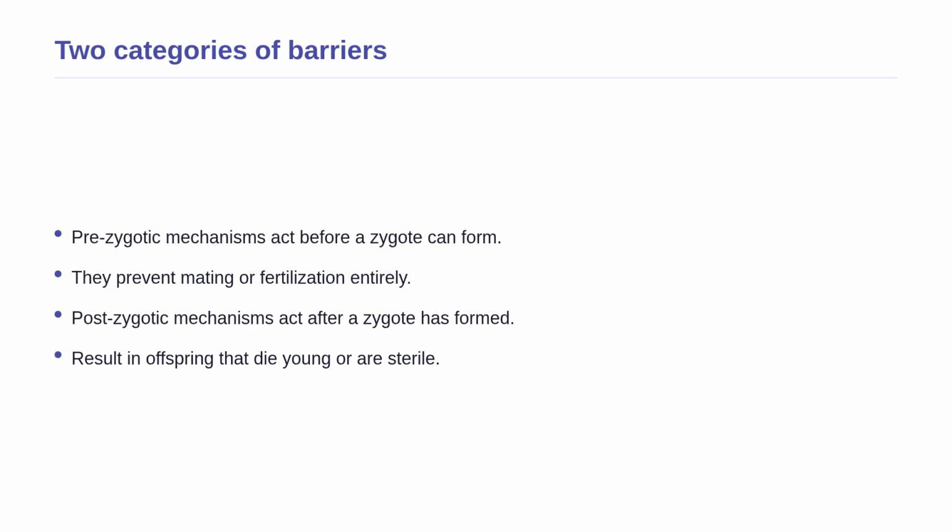But what if this first line of defense fails? That is where postzygotic mechanisms come in. These act after a zygote has successfully formed. Even if two species manage to mate, postzygotic barriers ensure the resulting hybrid offspring either die young or are completely sterile, meaning they cannot reproduce themselves.